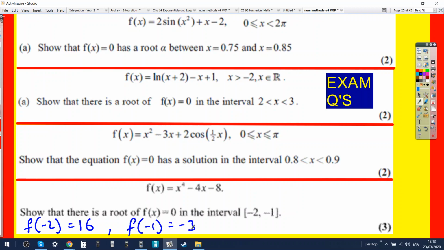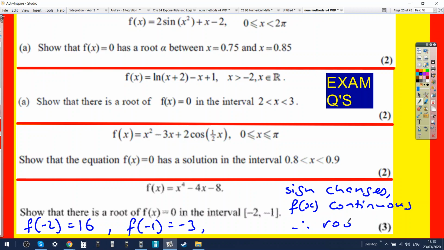So the sign changes, and the function is continuous in the interval. Therefore, there is a root. I think that's it. I think that's full marks.